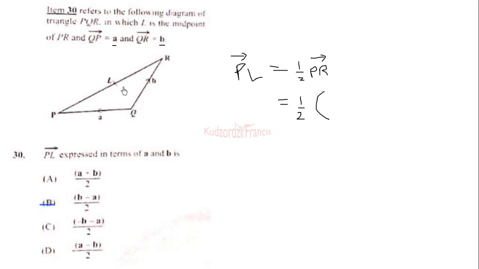From the diagram, we know that PR is moving this way. It is going to meet QR and PQ, so that will be QR plus PQ.